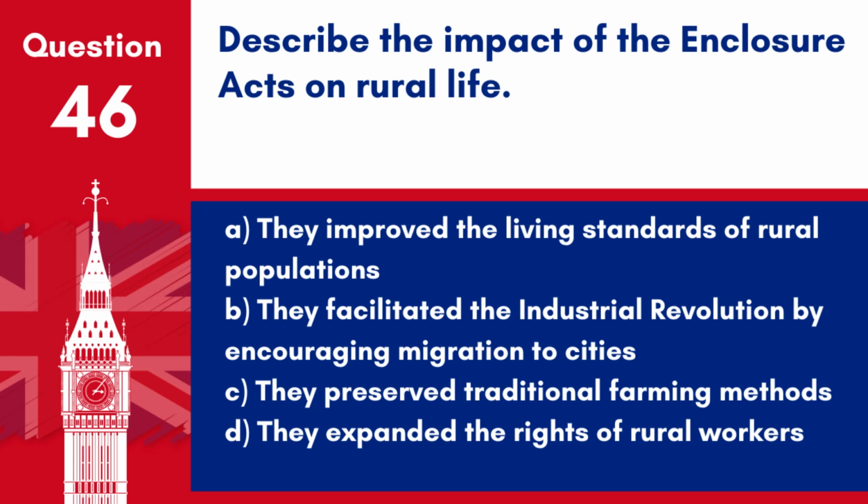D. They expanded the rights of rural workers. Answer B. They facilitated the Industrial Revolution by encouraging migration to cities. The Enclosure Acts allowed for the privatization of common lands, leading to significant changes in agriculture and rural life, and encouraging the migration of displaced workers to urban areas for employment.